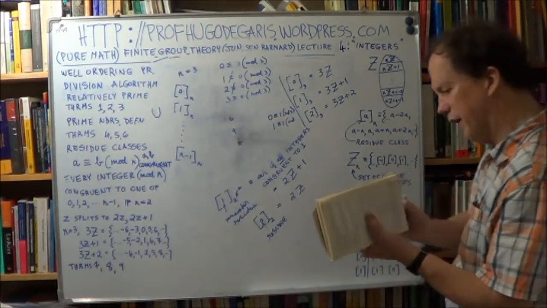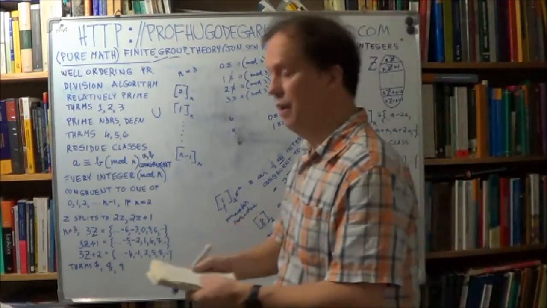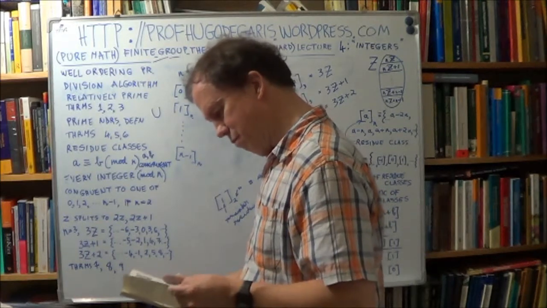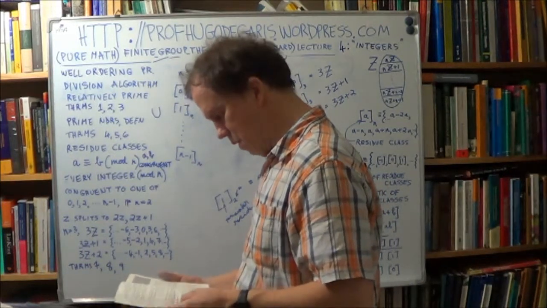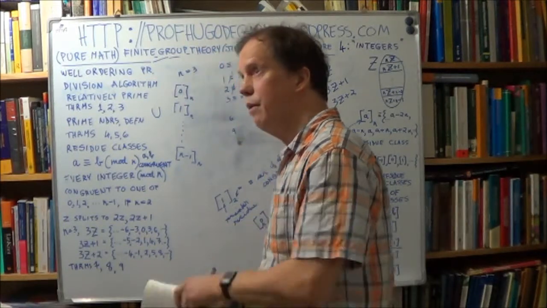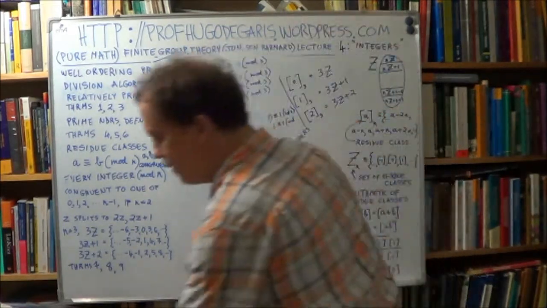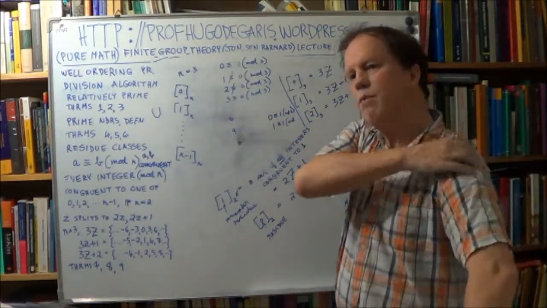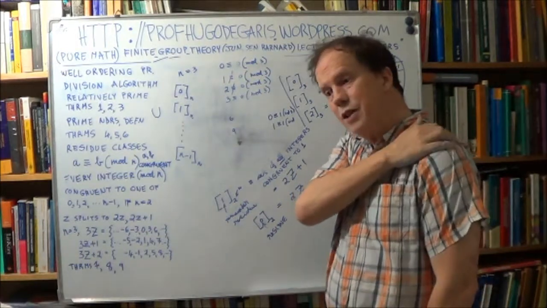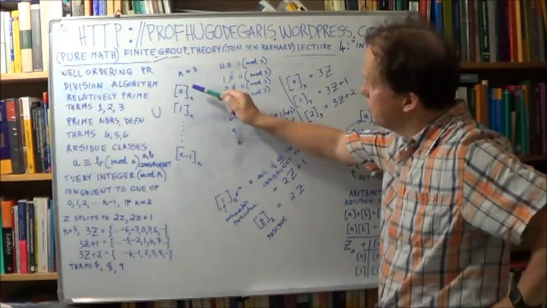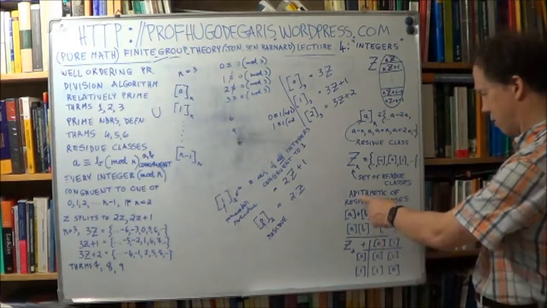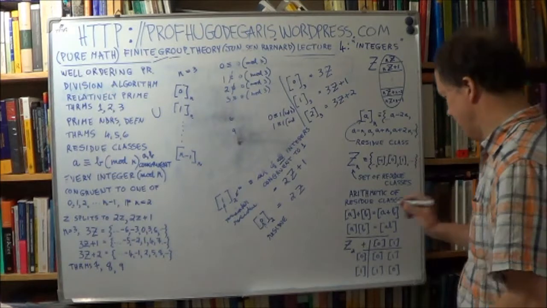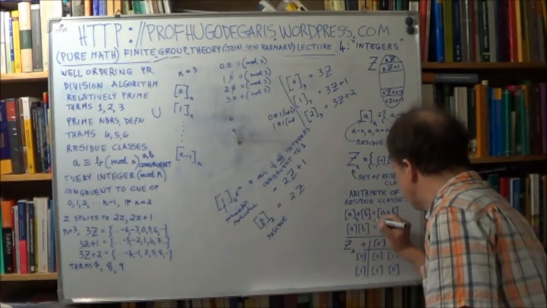Now interestingly, I'll give you one more theorem, so watching the time as well. These residue classes behave somewhat like integers. So you can actually do arithmetic on these classes. So let's talk about the arithmetic of residue classes.